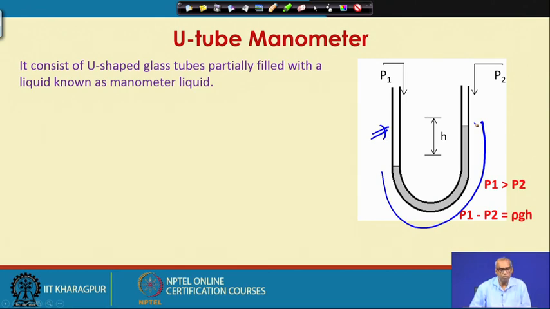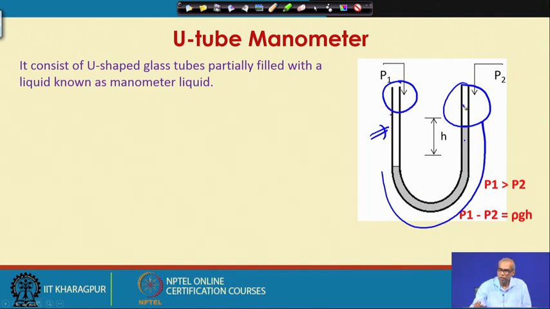Mercury is a very common manometer liquid. These are known as two limbs of the manometer. So, this is one limb, this is another limb.